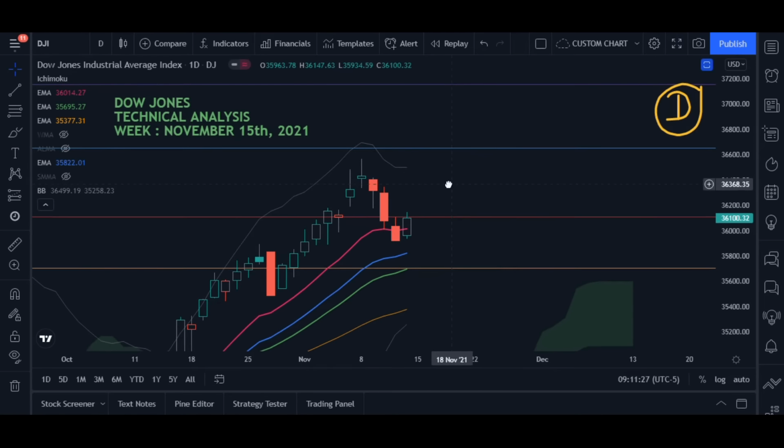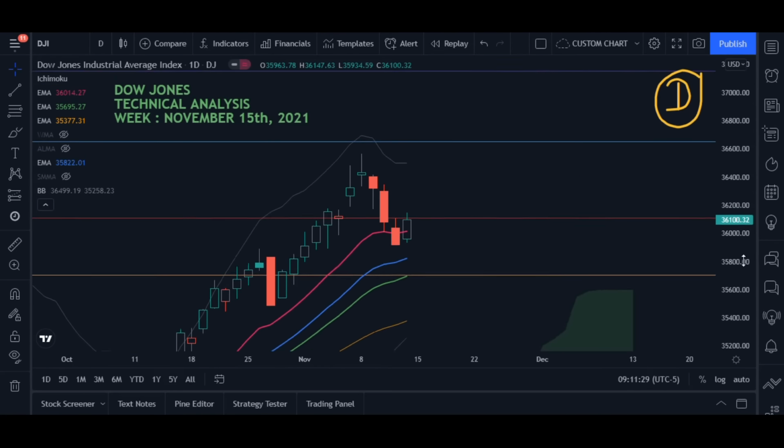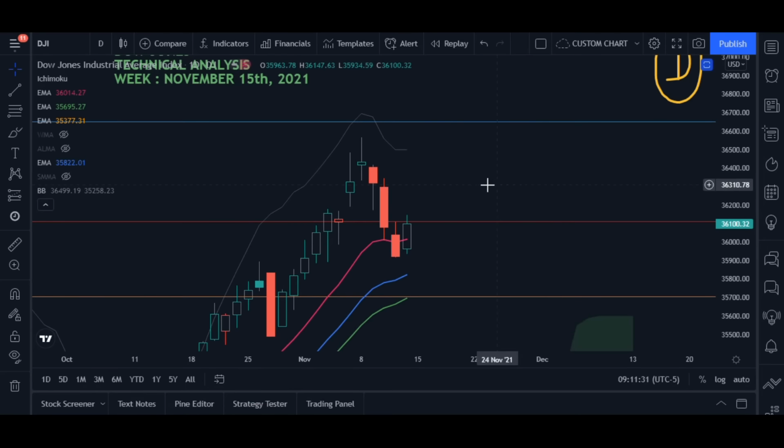So first, let me show you this thing. As on the weekly chart, I have shown you that this candle is a bull candle, and the interpretation of this candle is that the market is expected to move up. Means the next candle that is going to form on Monday is expected to be a bull candle.